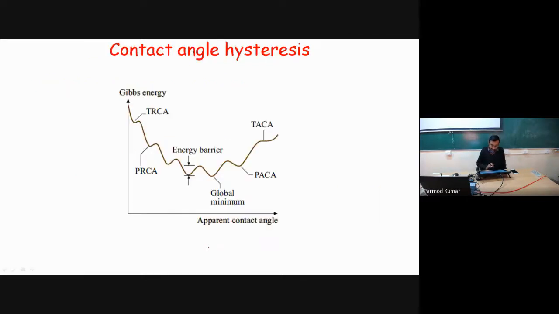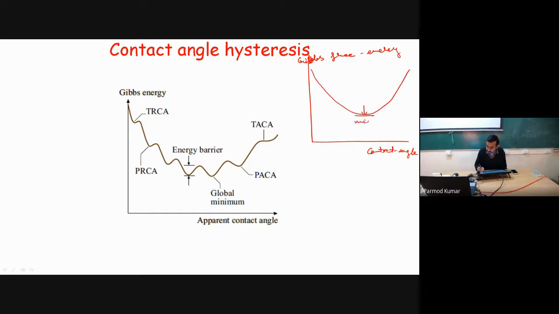Now what happens if we have a perfectly smooth surface? For a perfectly smooth surface, if I plot the Gibbs free energy of the droplet versus contact angle, we will find that we have only one minimum of free energy.